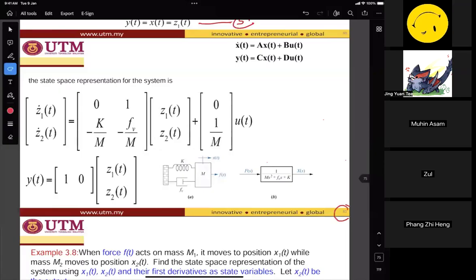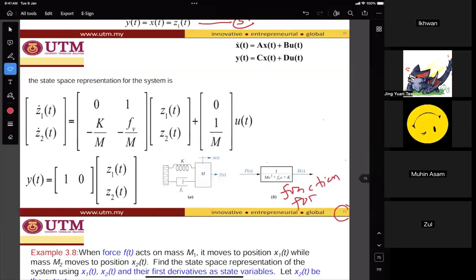Not really. Pang Yi Heng, same question. For my understanding, both we can get the same equation in the diagram there.